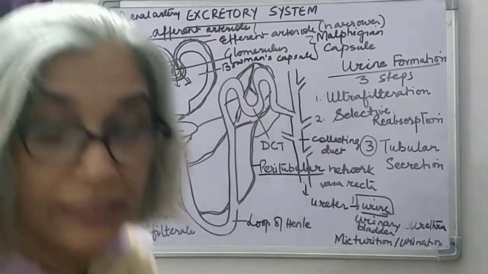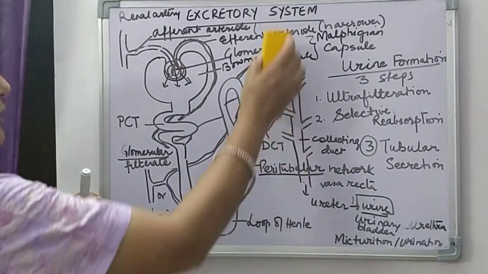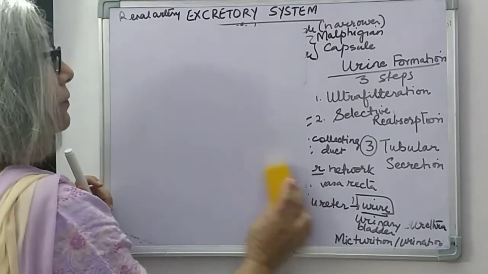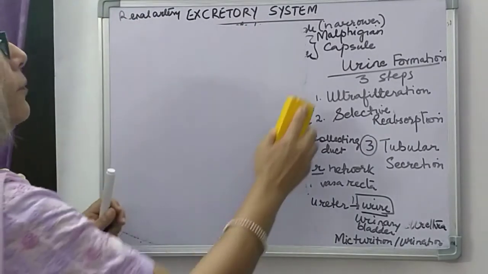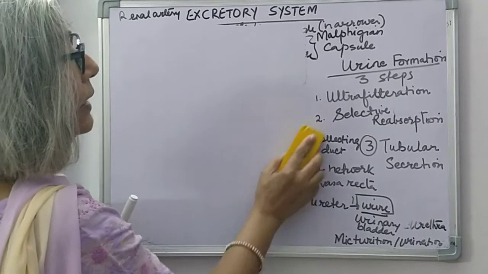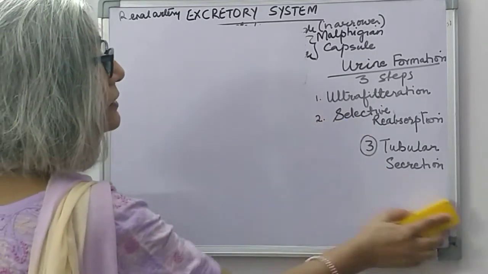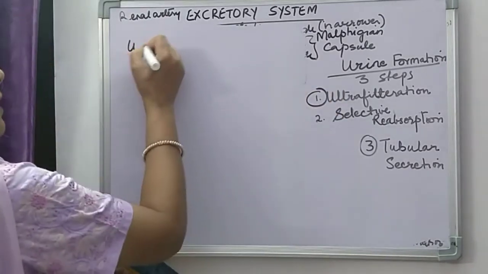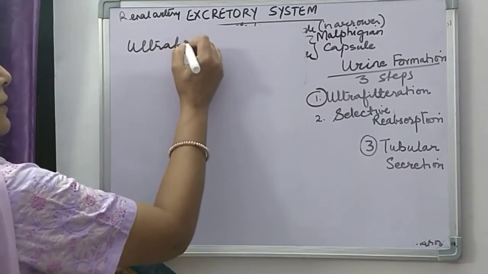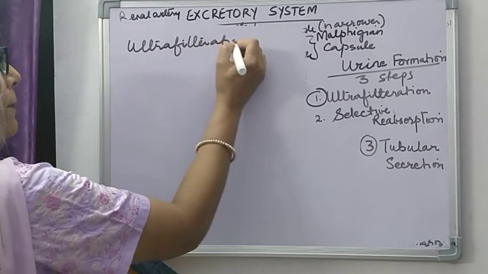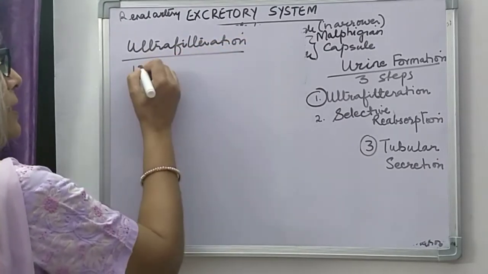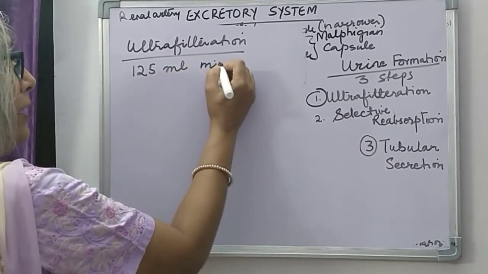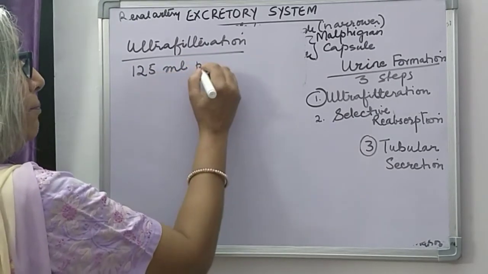Now, I will have to erase this to explain the 3 steps. Now, in ultrafiltration, the first step of urine formation, as mentioned here, is ultrafiltration. In ultrafiltration, blood is filtered under high pressure and approximately 125 ml of blood is filtered per minute.